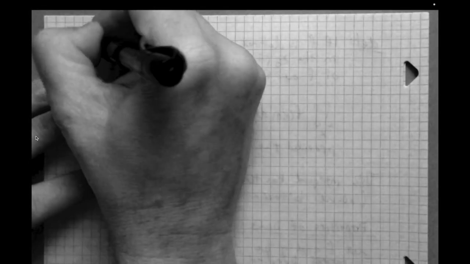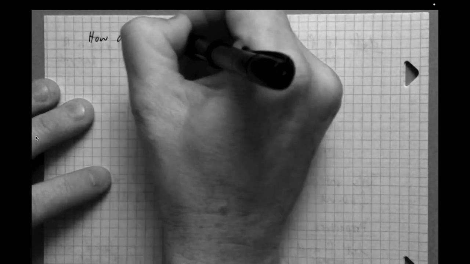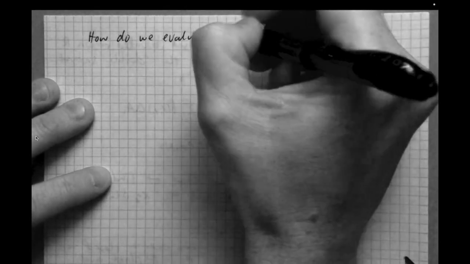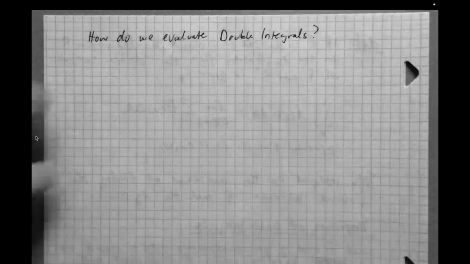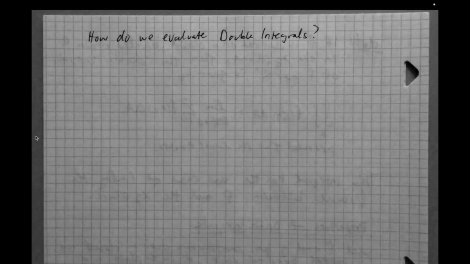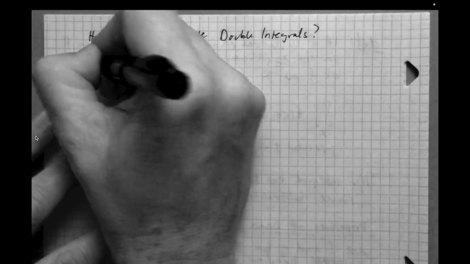Now the question comes up. We maybe get a sense for what a double integral is now. It's a volume. How do we evaluate them? How do we evaluate double integrals? Normally the first step in evaluating a double integral is to rewrite it as an iterated integral.